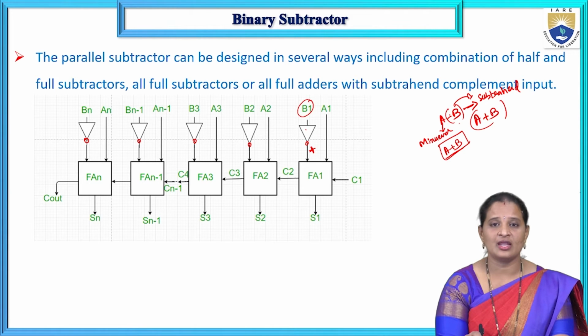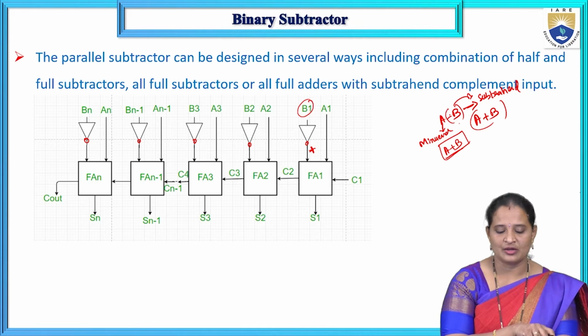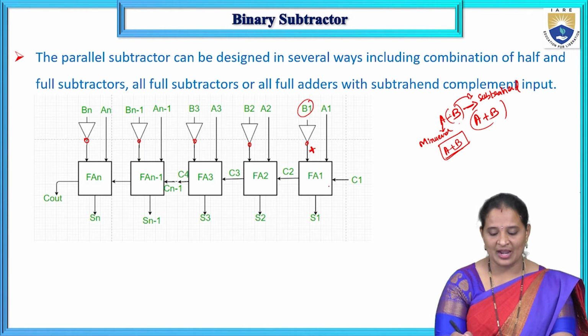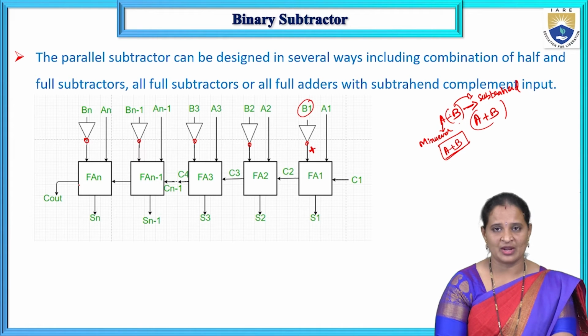A NOT gate is nothing but an inverter which can get the one's complement of the negative number so that it can become a positive number, and hence I can perform the subtraction even using the same circuit which is known as a parallel adder.